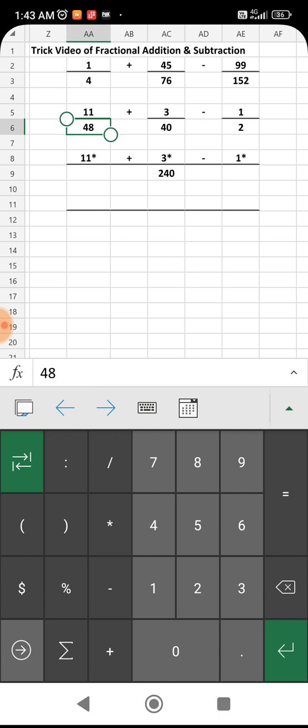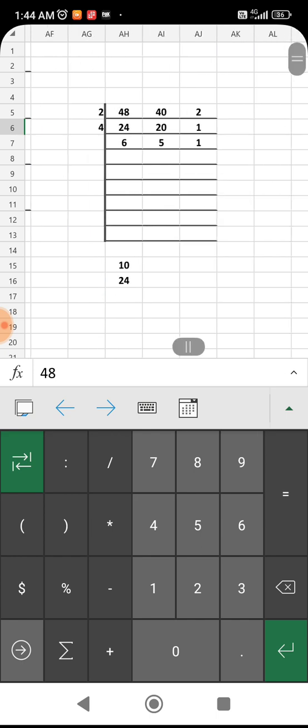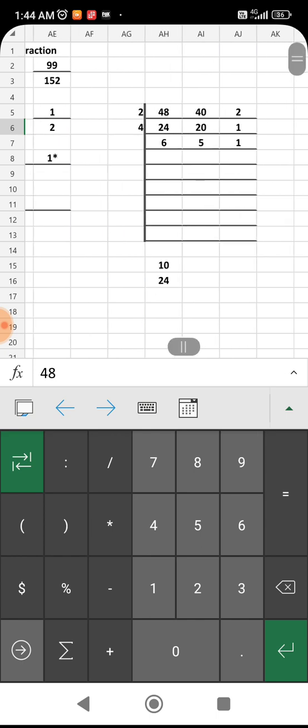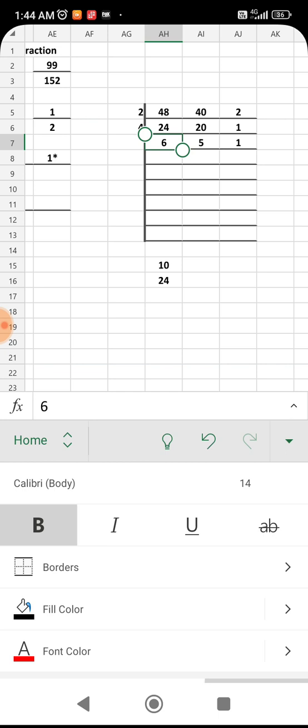Now here it is 48. So we have to cover 48 from here. 6 I am covering by my hand. I cannot cover here by my hand, you cannot realize, so I am covering in this way.